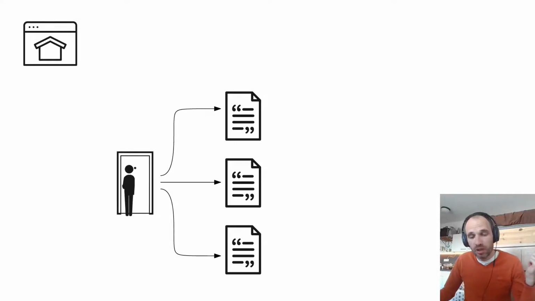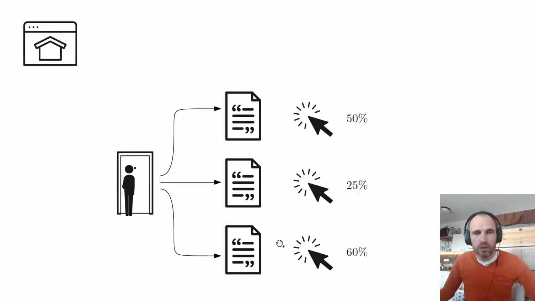I don't know, one article about Corona, one article about war in Afghanistan, and one article that some prince in some country died. Then what happens is you can choose which article to present. Depending on which article you present, they might either click on it and read it, or they may ignore it and leave your webpage. And of course, you want them to stay as much as possible on it.